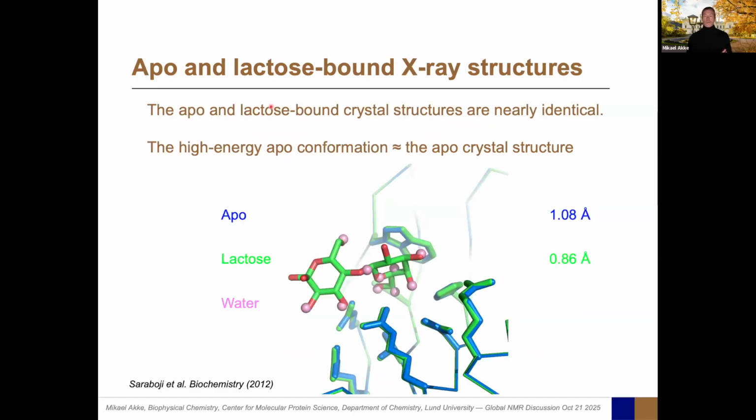So we had determined previously, this is an old study from 2012 by my colleague Derek Logan's group, and Saraboji was first author. And here we've compared the X-ray structures of the apo state with the lactose bound state. So the protein backbone here is sort of diffusely shown, and then you have the coordinating side chains.